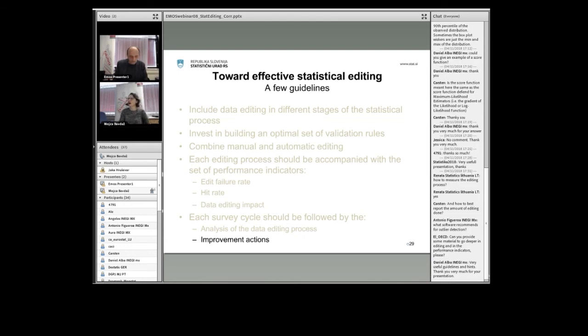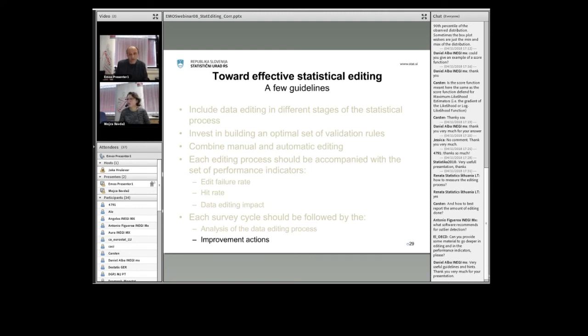Okay, how to best report the amount of editing done? Through quality reports, I think. I don't know if all the offices have this practice, but our office has a practice that all these indicators that I mentioned are published periodically each year, and much more important, publicly available in the quality report.